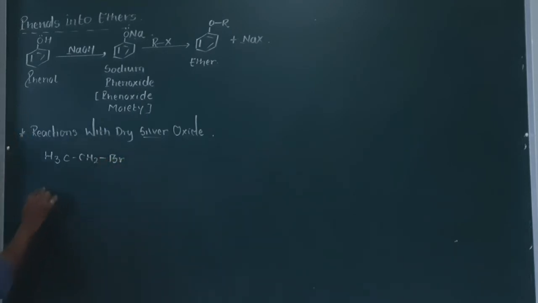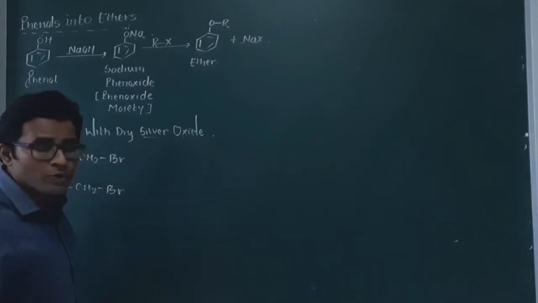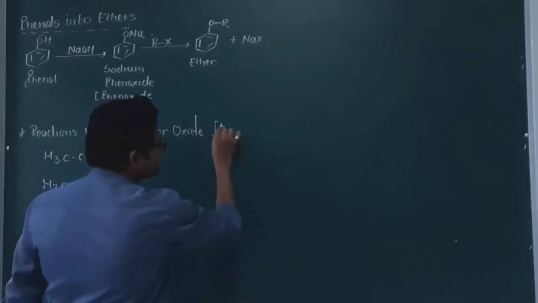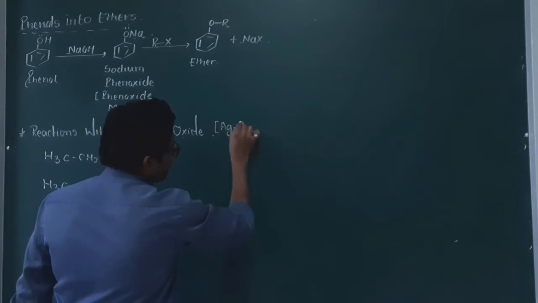I will take two molecules of alkyl bromide. Now, this is going to react with dry silver oxide, that is Ag2O.